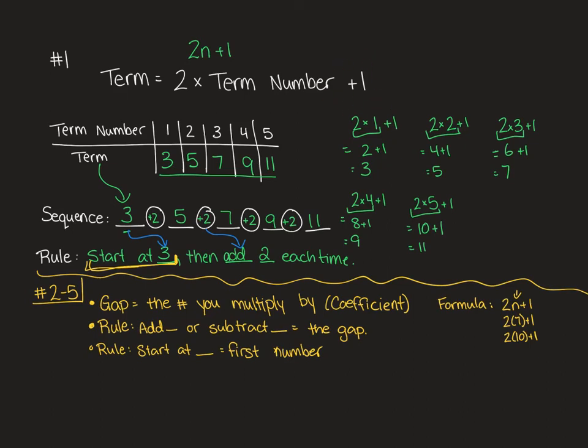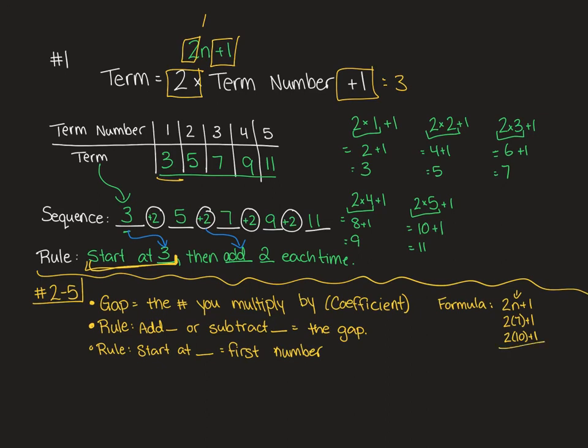So for this one, our first term would be 2 plus 1, which is 3. And there we go. Our first term is 3. So it's whatever you multiply by and then add there. It's basically if you took the n and made it 1.